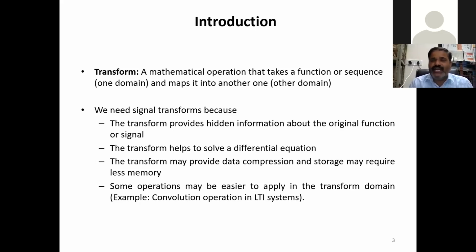And this transform has some advantages. By doing transformation, we can go from one domain to another domain, do some suitable processing, and after that, we can come back to the actual domain.